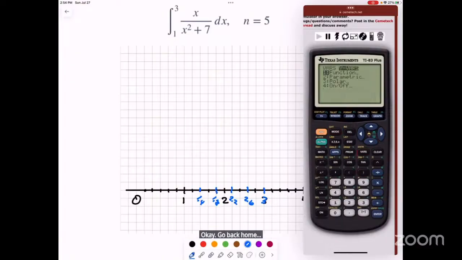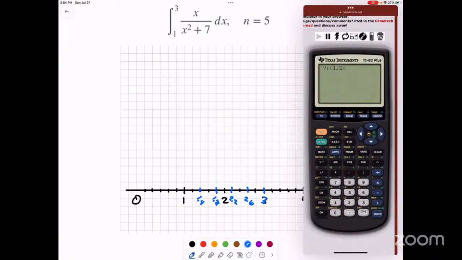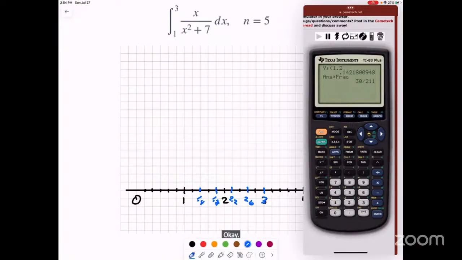I want to evaluate this function when x is 1.2, my first subinterval. Okay. So then the corresponding y, can we get something cleaner? Let me see if I hit math as a fraction. Okay. So we get 0.1422. Let me see the next one.